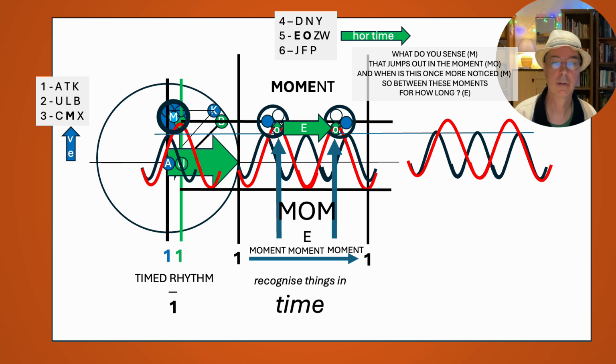You have here the moment, the E. It gives you an advantage that you actually say it's from M to M with a range. So you have in between, it takes a while to go from one moment, it is actually again the moment, to the next moment where I can sense the balance or disbalance.